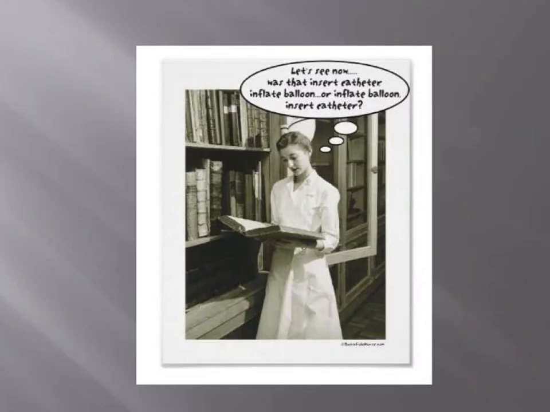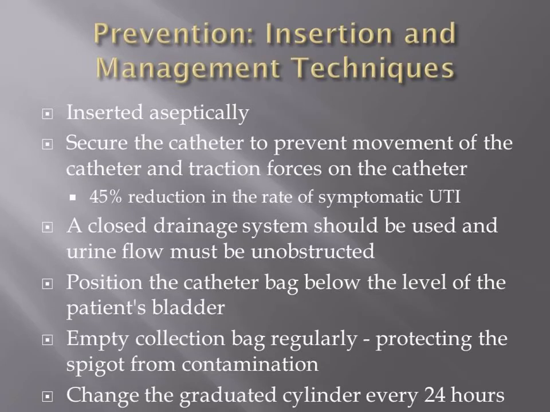So, insertion and management techniques. As we all know, the catheter needs to be inserted aseptically. It's wise to secure the catheter to the patient's leg, which will prevent movement of the catheter and any kind of traction forces. And this will decrease the rate of urinary tract infections by up to 45%. At all times, a closed drainage system should be used, and urine flow should be unobstructed.